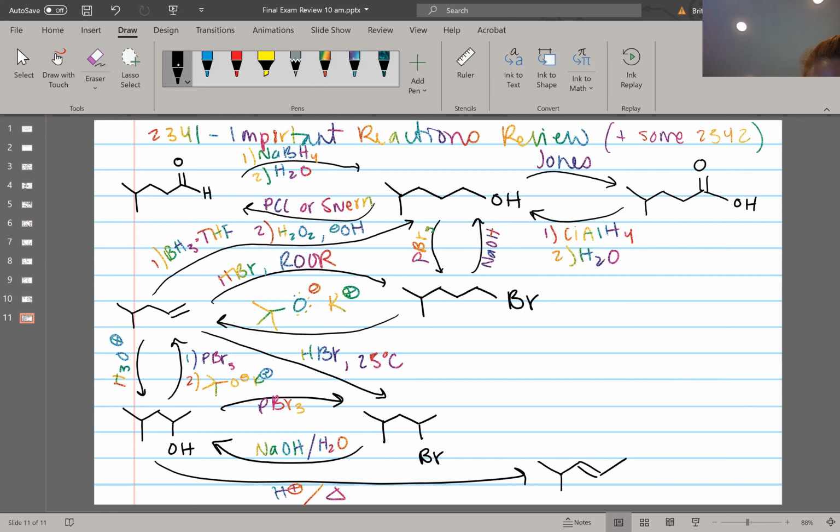Okay, if I were to take this alkene, let's go HCl. What product would I get? Remember, my carbon framework is going to stay the same.